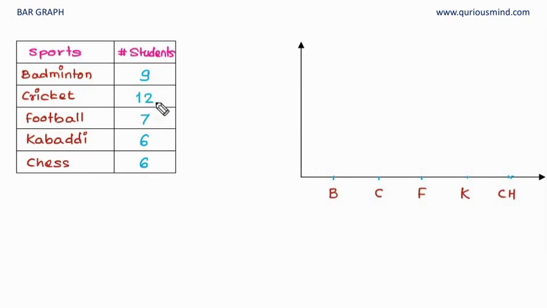Now the maximum number of students is 12, so we will divide this such that we can represent the maximum number. So I'll use a scale, let's say of 1 to 15. So we have marked the number of students here. So this is the number of students, and this is the sport.